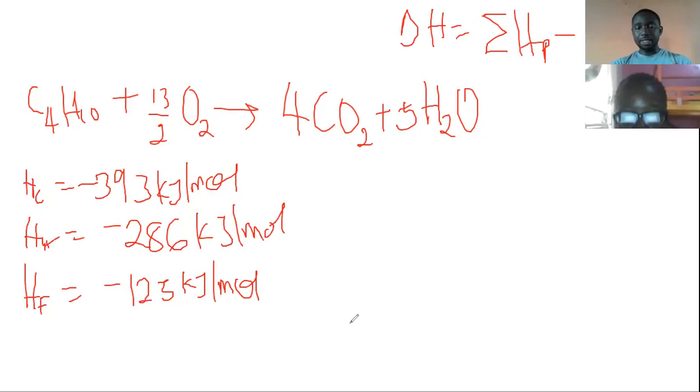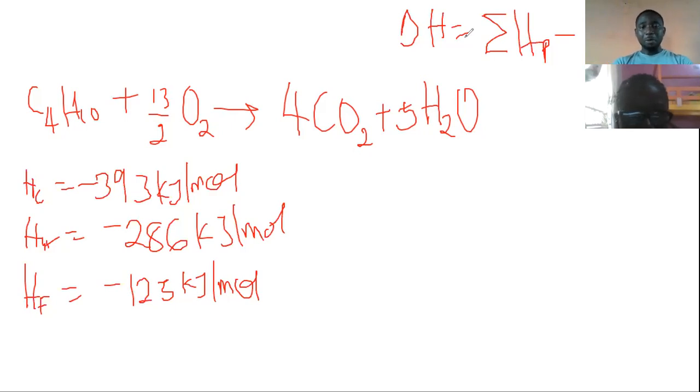Sigma HP has to do with the summation of the heat in the product, either the heat of combustion or the heat of formation.